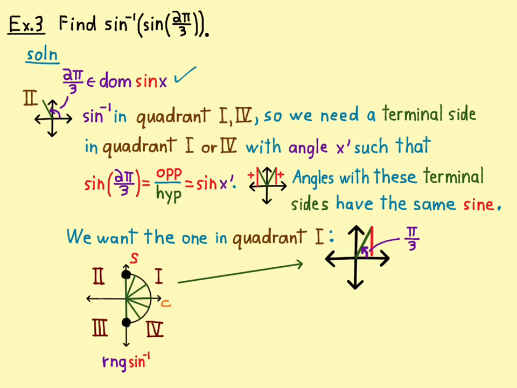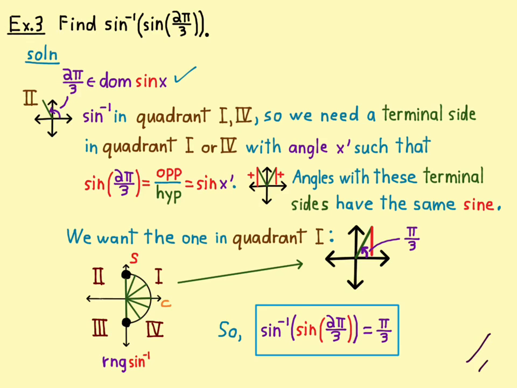Right? Because sine inverse is in there. So sine inverse of sine of 2 pi over 3 equals pi over 3. The sine inverse and the sine don't actually cancel.